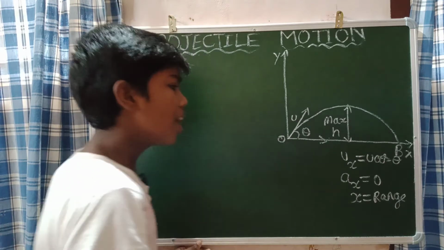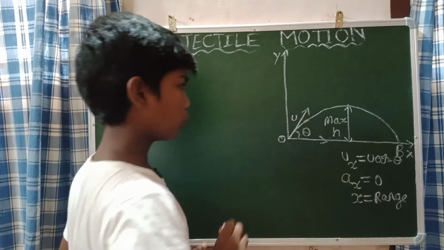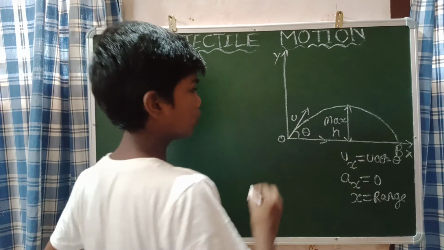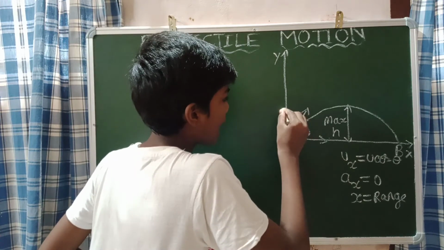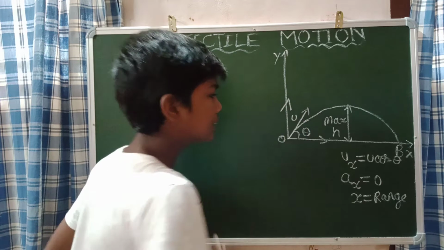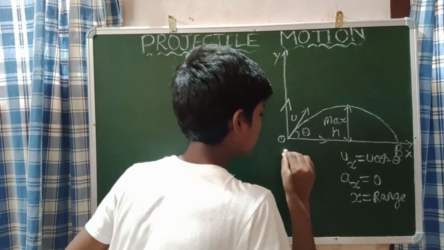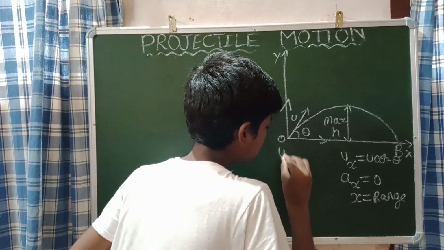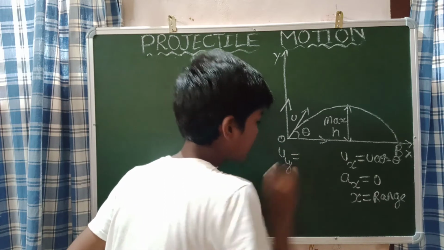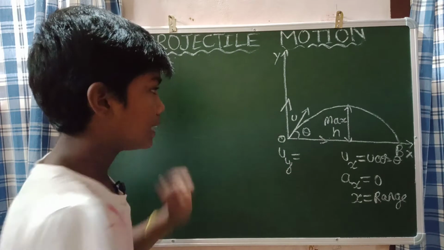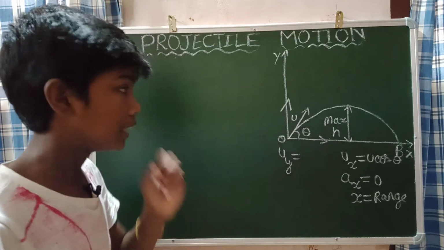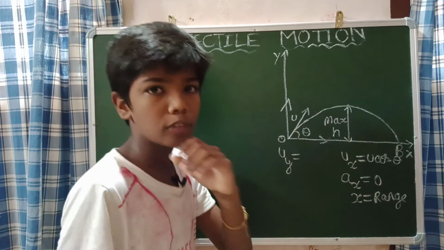Now tell me guys, what will be the y component of initial velocity? This arrow represents the y component of initial velocity. What will that be equal to?